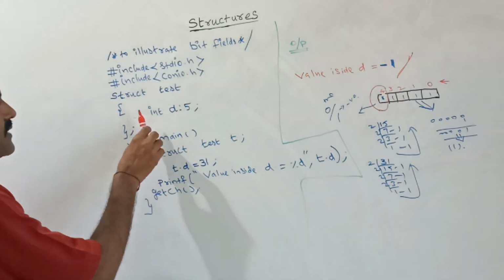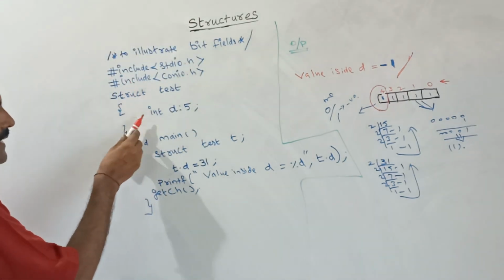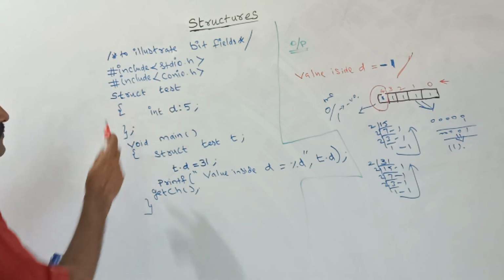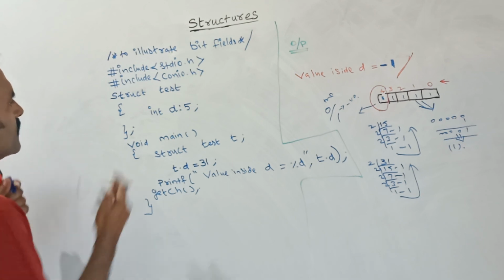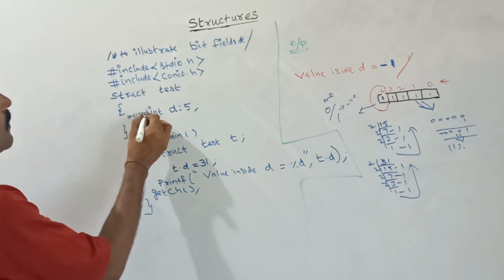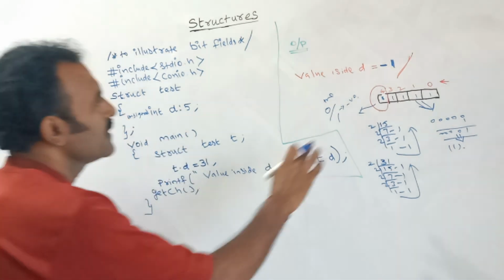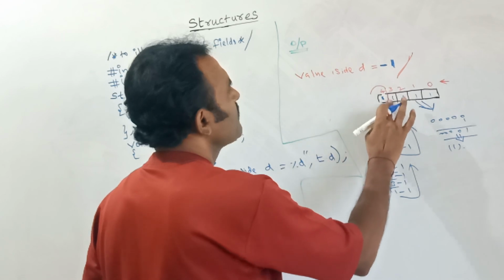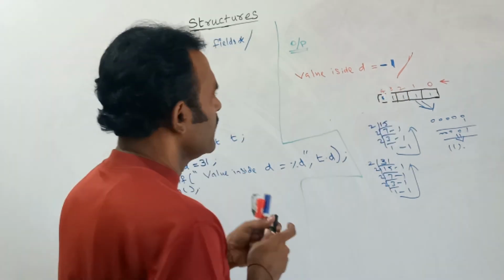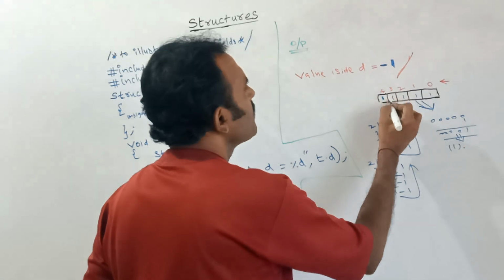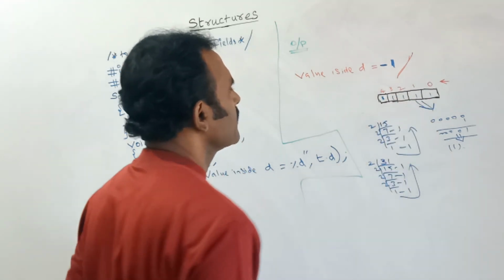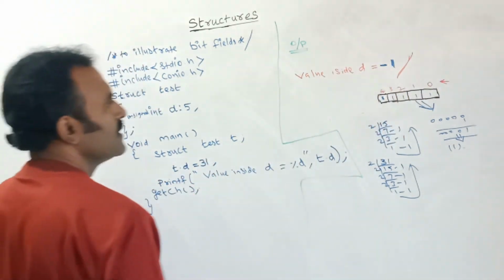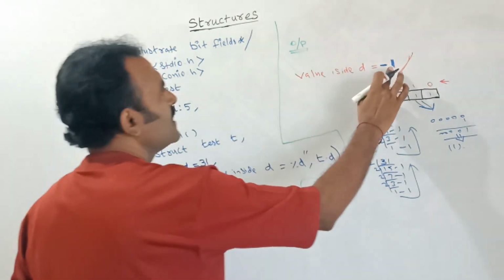So suppose if you are creating a date, here if you want to store the day value, if you are giving it as unsigned, then if you are declaring like this, for unsigned there will be no sign bit, everything will be occupied by data. So the answer will be correct if you are using unsigned, because these 5 bits were used for data. So if you use signed, then the value will be minus.